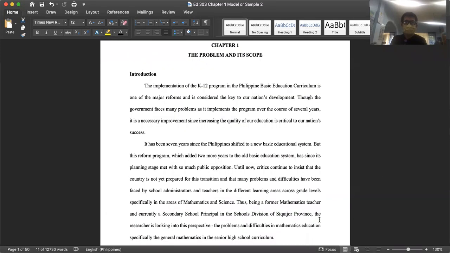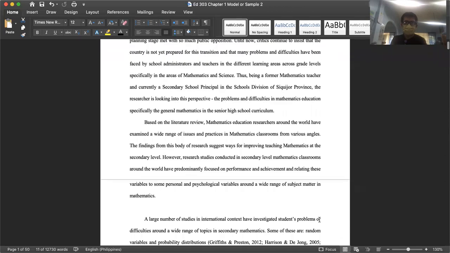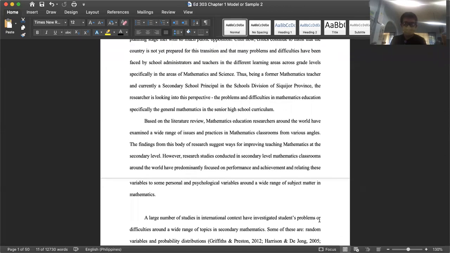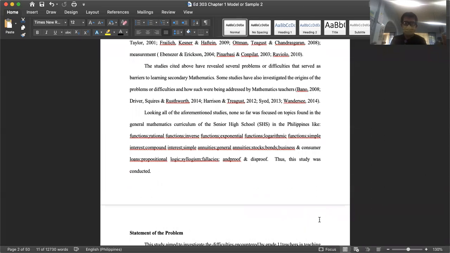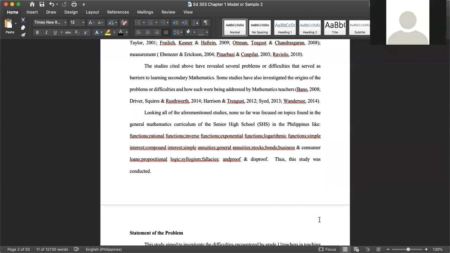So the pages should be written on the lower right-hand corner. Do you follow?